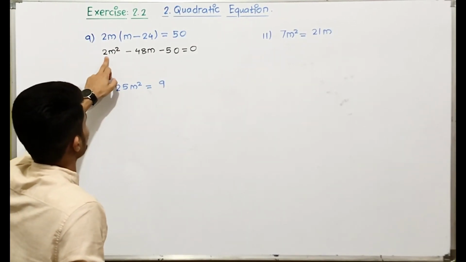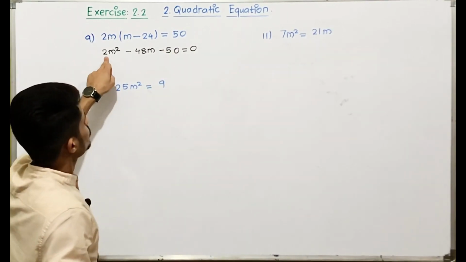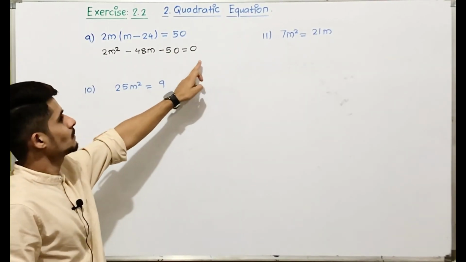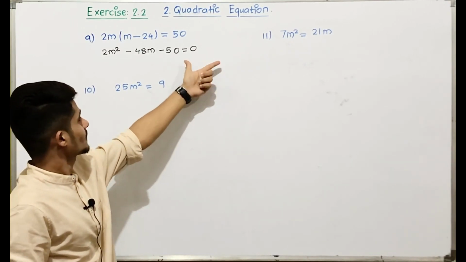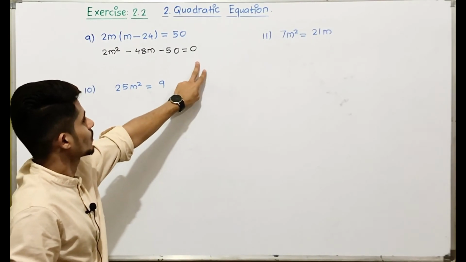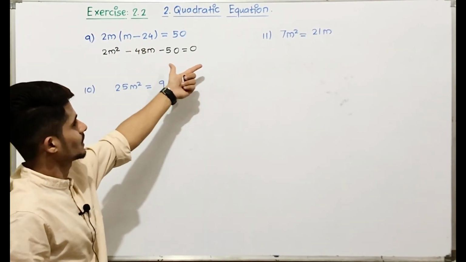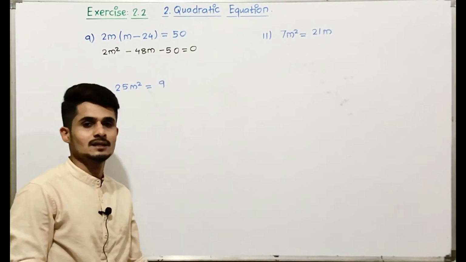Now multiply coefficient of a with coefficient of c. So 2 into minus 50 will be minus 100. So split minus 100 in such a way that addition or subtraction should be equal to minus 48 and multiplication should be equal to minus 100.